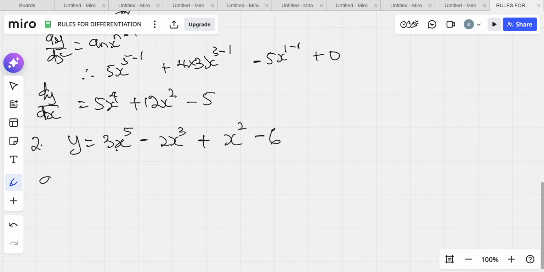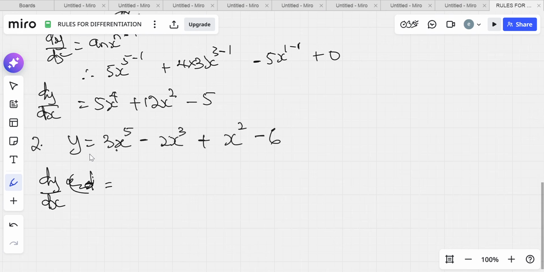So all we need to do is find dy over dx, applying the formula. So this one is difference, and this one is sum.